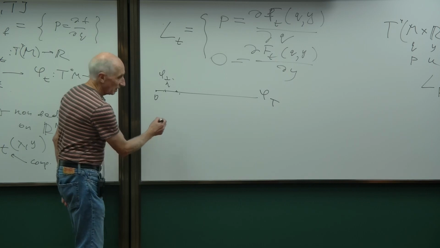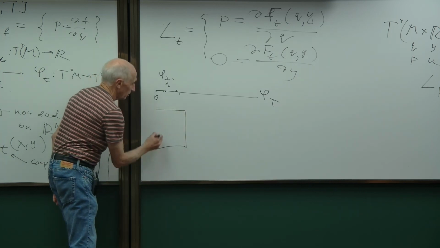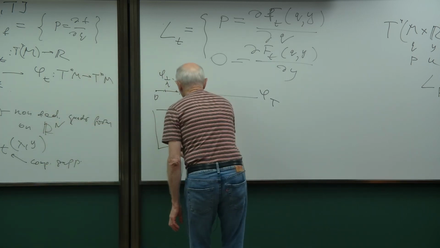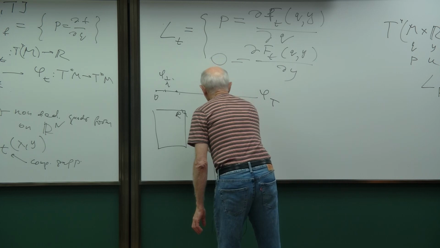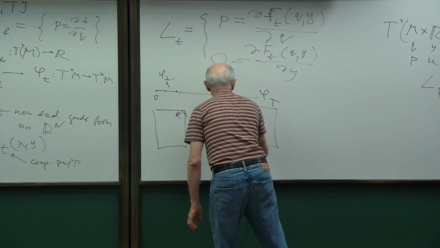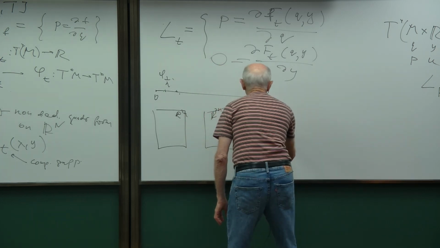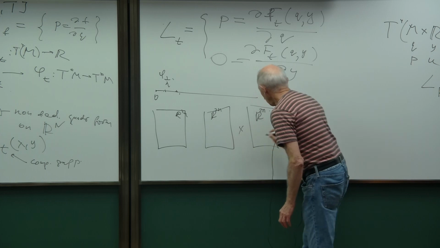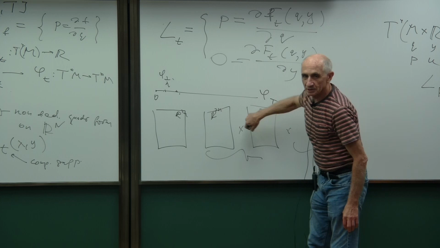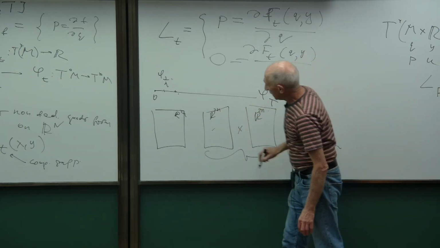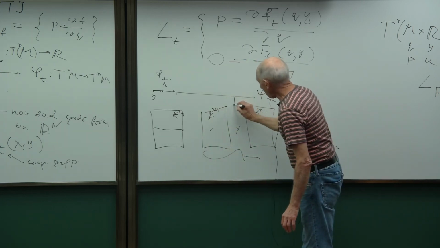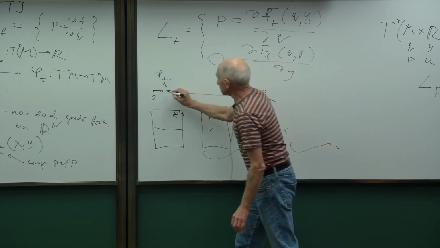So what we were doing, we were taking the following thing. You took R to n, and then we take a product of n copies of R to n, and here we took the zero section. Here we take a graph of, let's say, first.